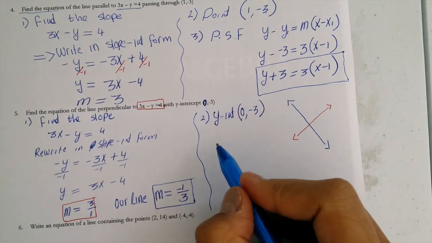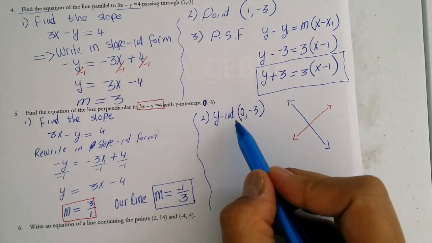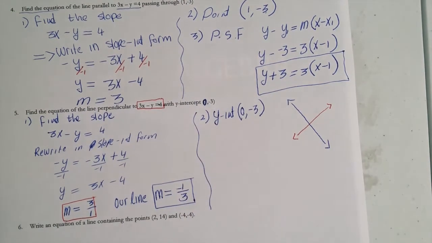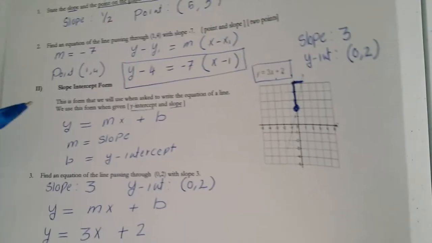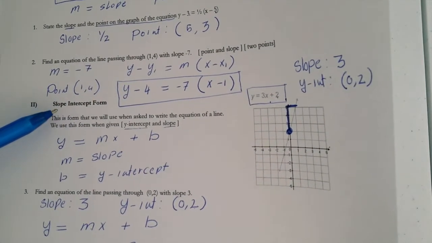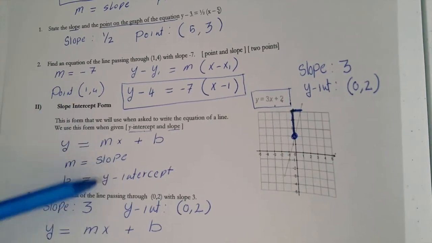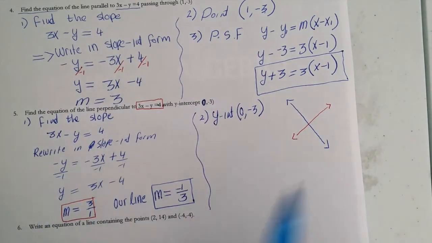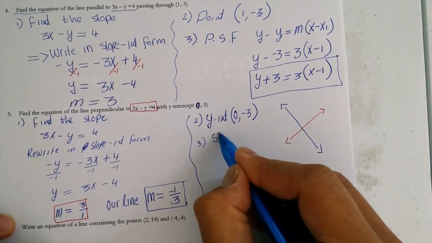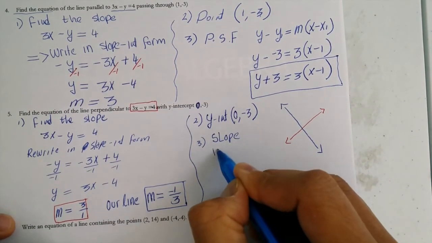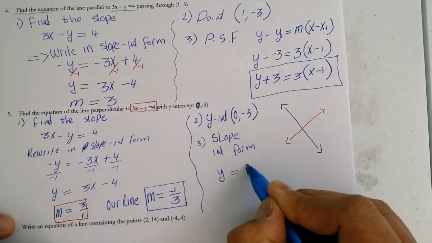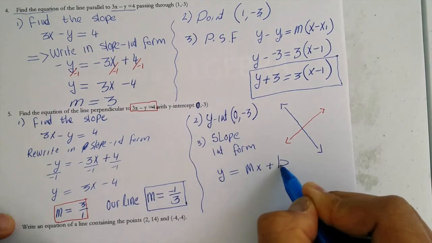Because we're given the y-intercept and the slope, we're going to use slope-intercept form, which is y equals mx plus b.